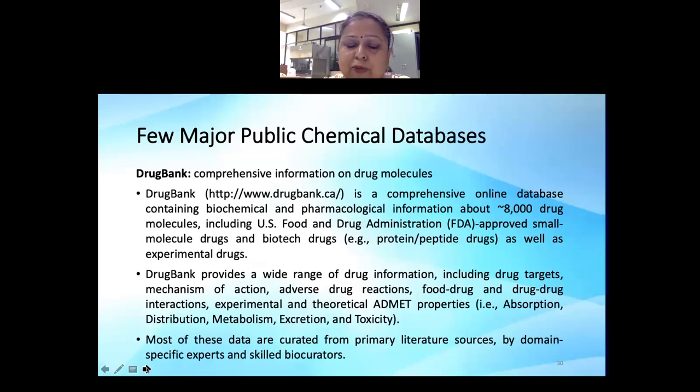ADMET means absorption, distribution, metabolism, excretion, and toxicity. So it contains all the pharmacokinetic and pharmacodynamic parameters as well. Most of these data are curated from primary literature sources by dominant scientific experts and skilled bio-curators.